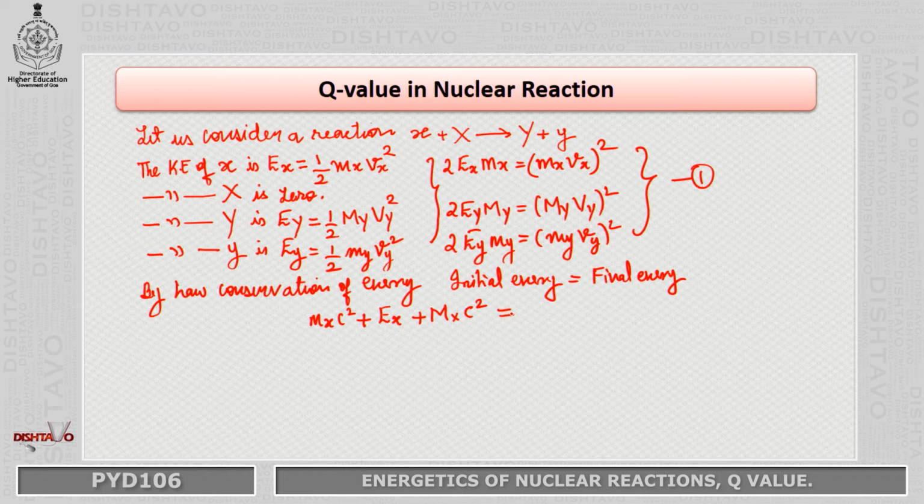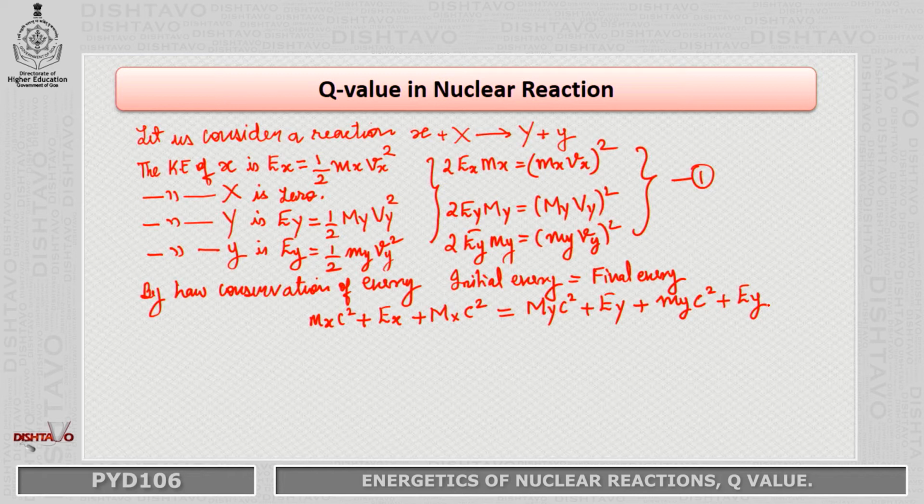The final energy will come to be the rest mass energy of this plus its kinetic energy, that is my c square plus its kinetic energy Ey. Now we will write down for the product particle, its rest mass energy is my c square and its kinetic energy is Ey.